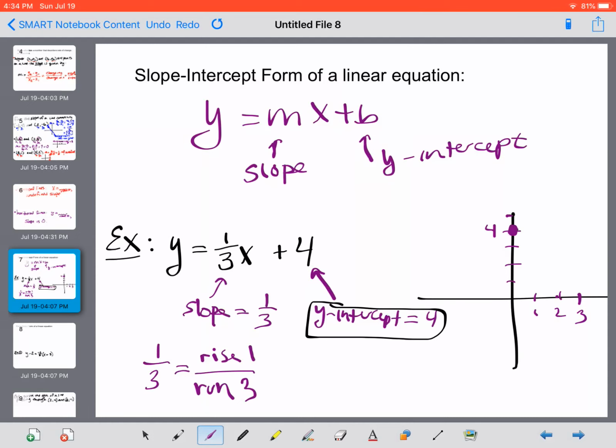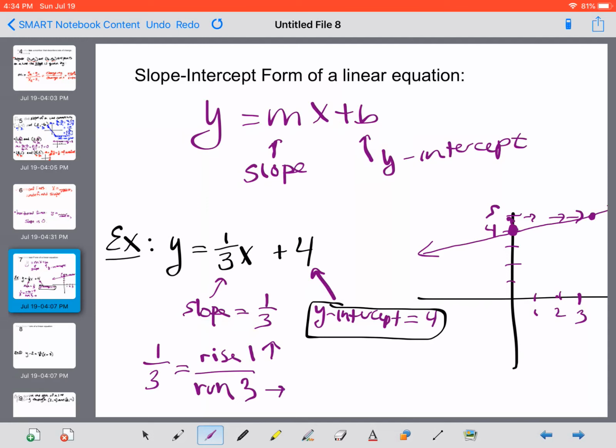You can find another point on the line by rising 1, that means go up 1, and then running 3, go over 3. So starting at this y-intercept, I'm going to go up 1, then over 3 units. That's going to bring me here to a point at 3, 5. And using these 2 points, we can now just graph our line.